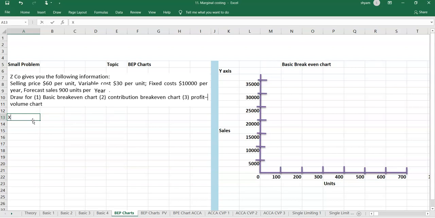This is the x and this is the y, and we have to create a line for sales, a line for fixed cost, and another line for total cost. Total cost is usually found with variable cost only. So we'll start.